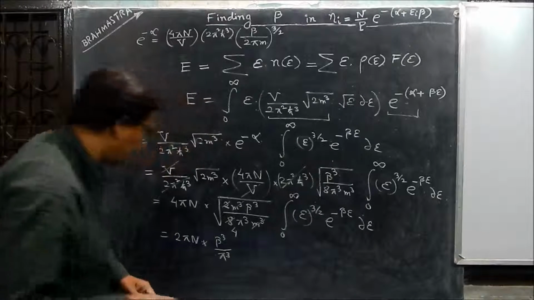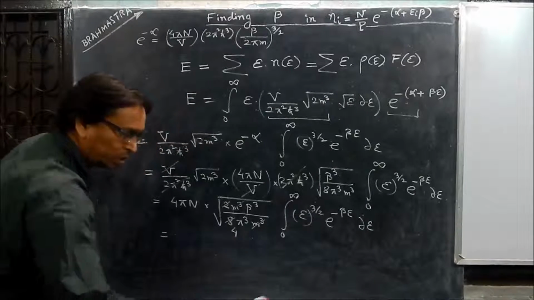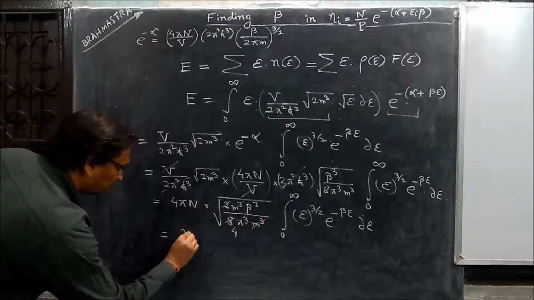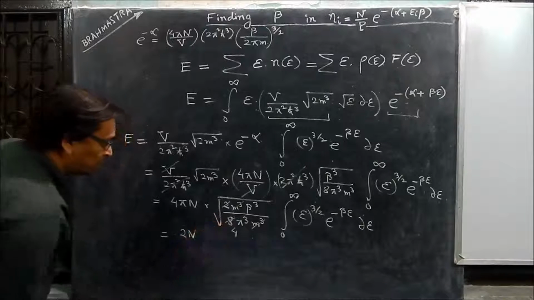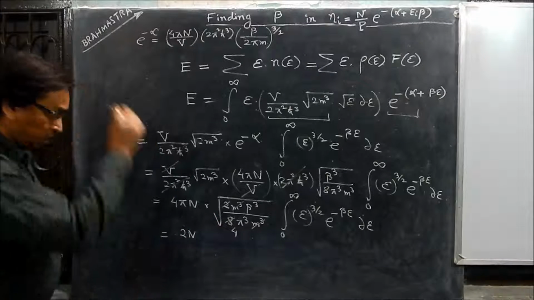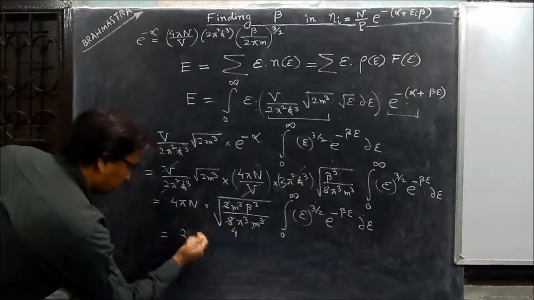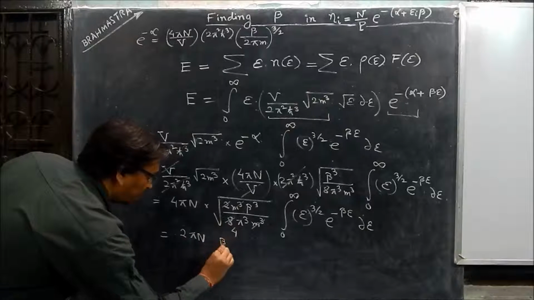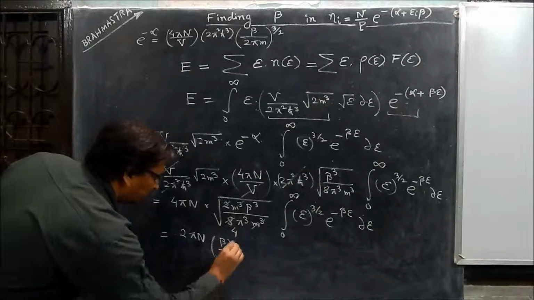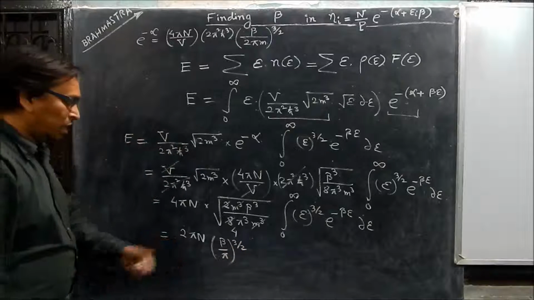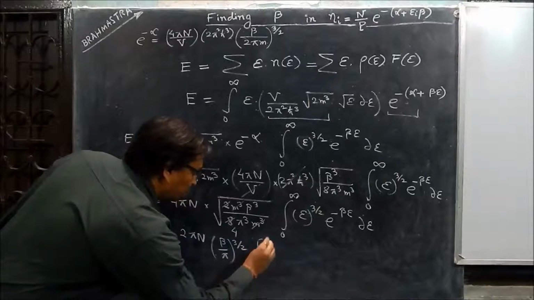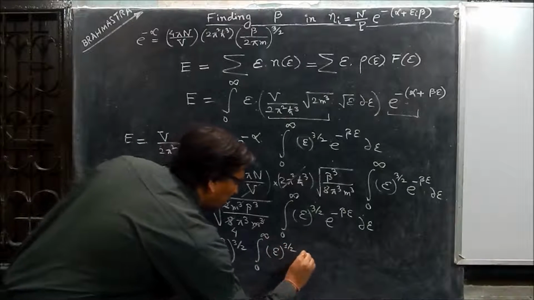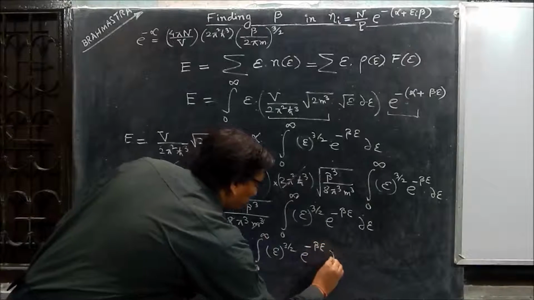Let us do this. 4 and 2, so 2 is cancelled, so 2n. Sorry, this cannot be done now. So we have to do this: 2 pi n, and this is beta by pi whole to the power 3 by 2, let it be in this way, and the integration from 0 to infinity of epsilon to the power 3 by 2 e to the power minus beta epsilon d epsilon.